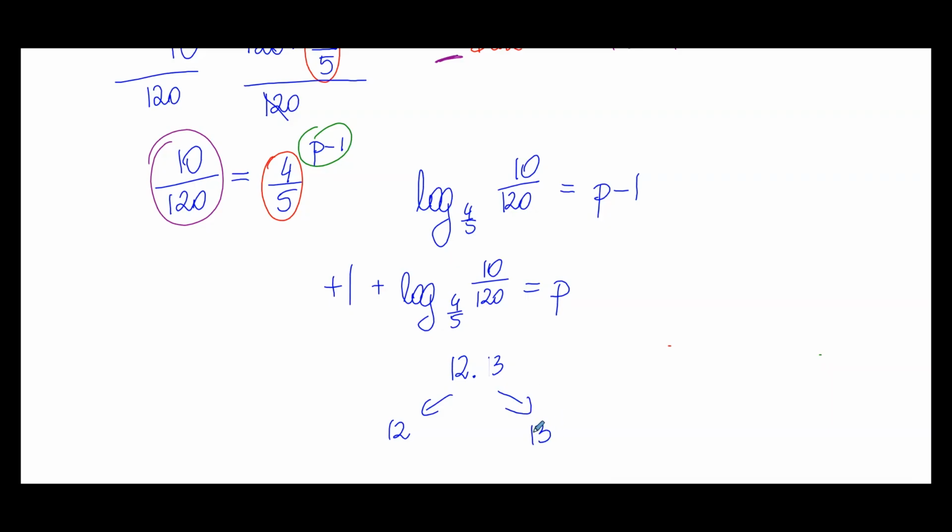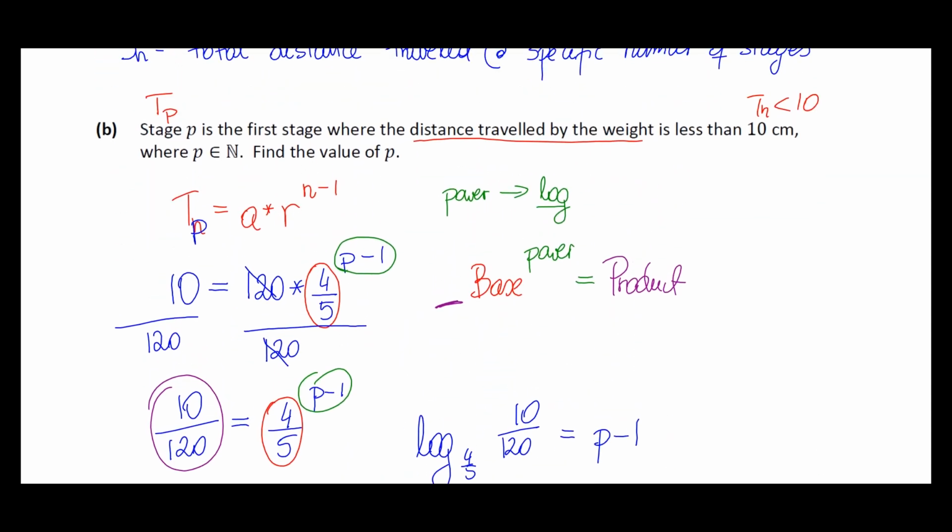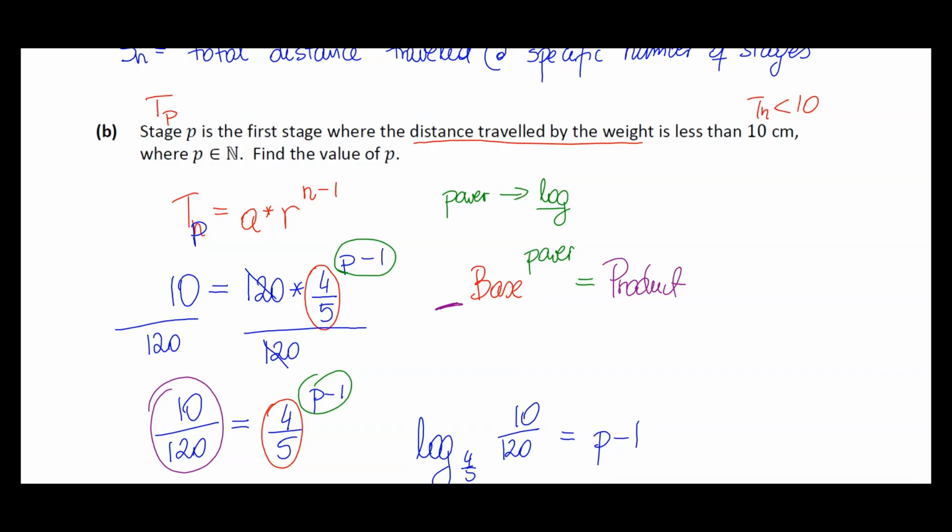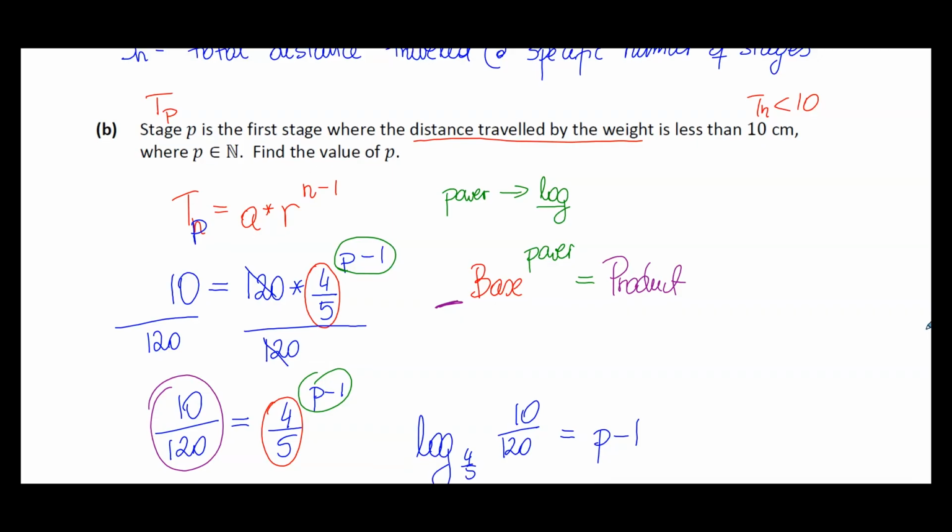So the question was asking at what point the travelling distance is less than 10. We know every time it gets smaller, but if you want to check whether it is 12 or 13, how do I do it? Well, I substitute them into my formula. So 120 multiplied by 4/5 to the power of 12 minus 1 would make term 12.